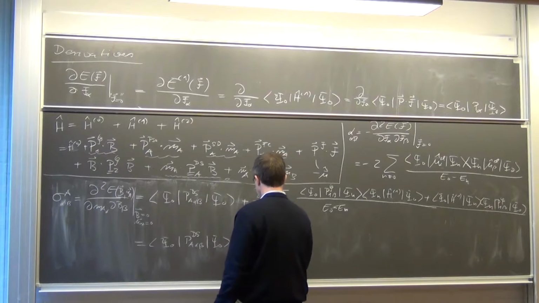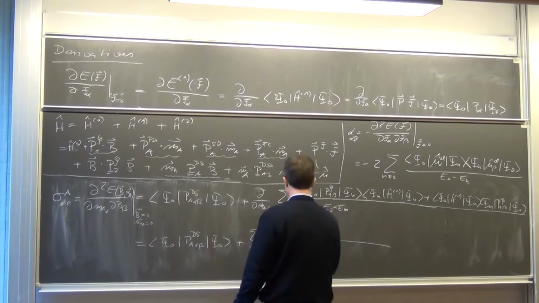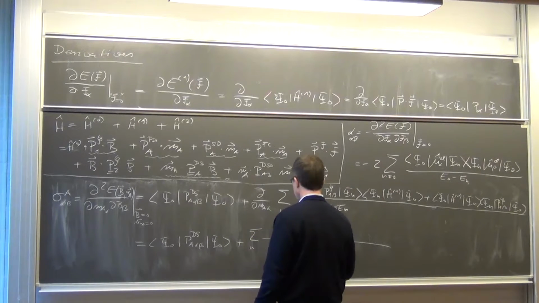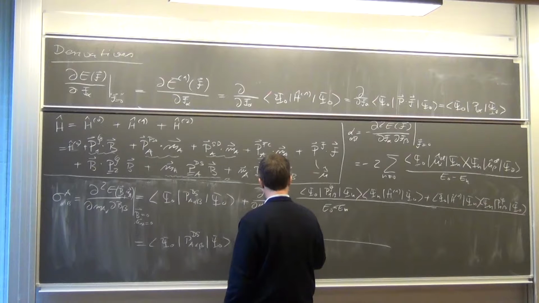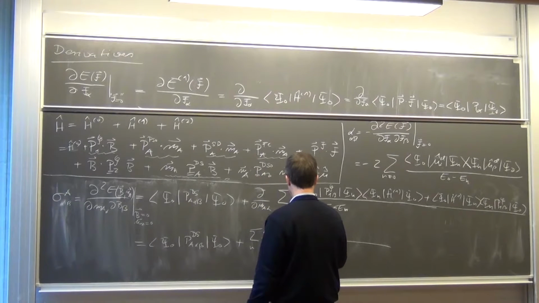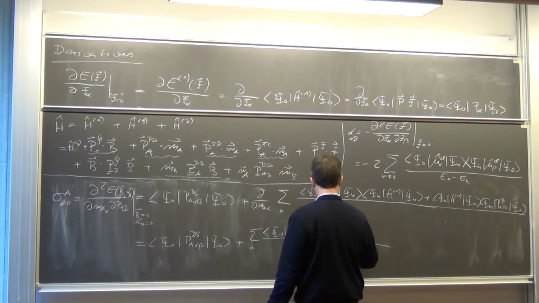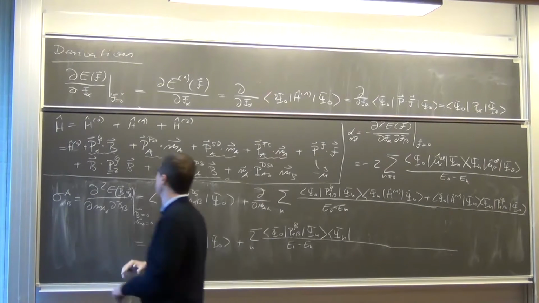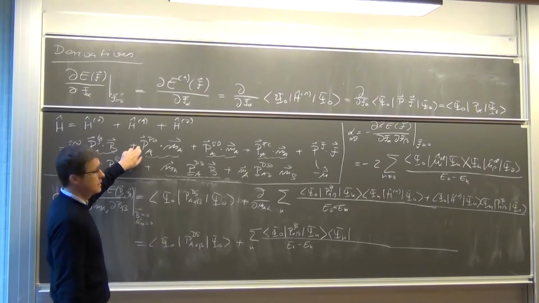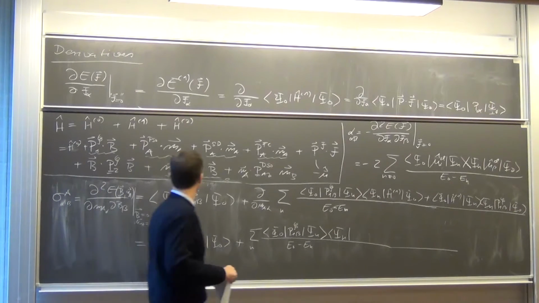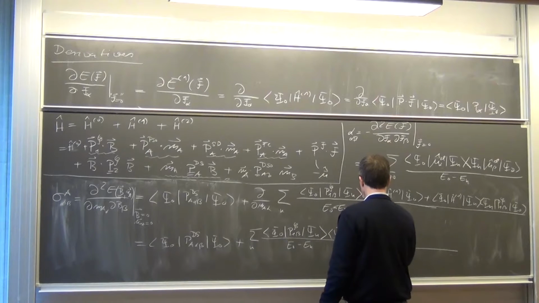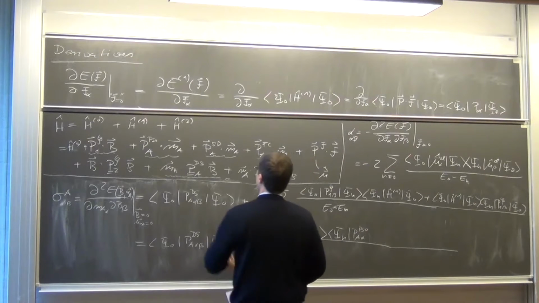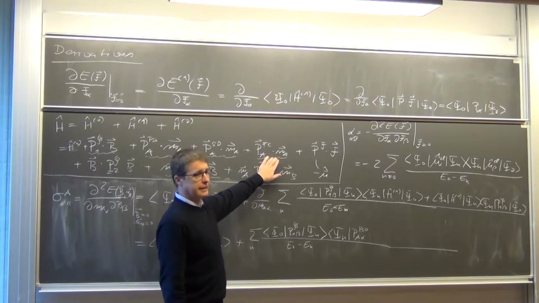So I get a sum over n, E0 minus En, psi 0 P1 beta psi n, and then I would get this one, PSO A alpha. I would get this one and that one.